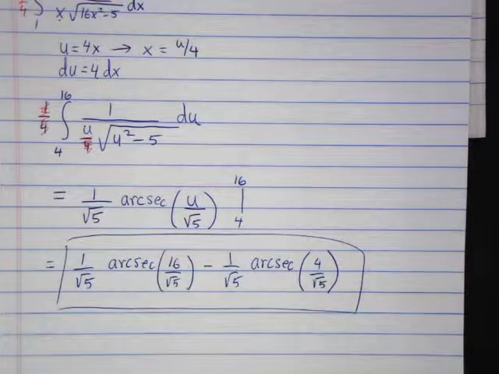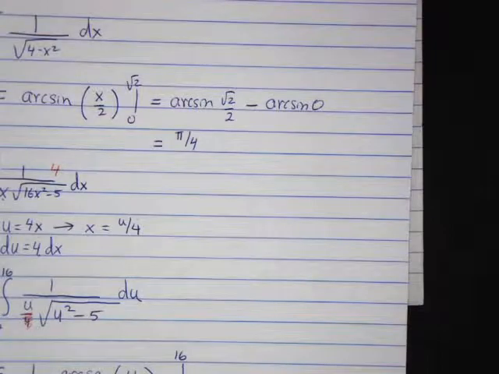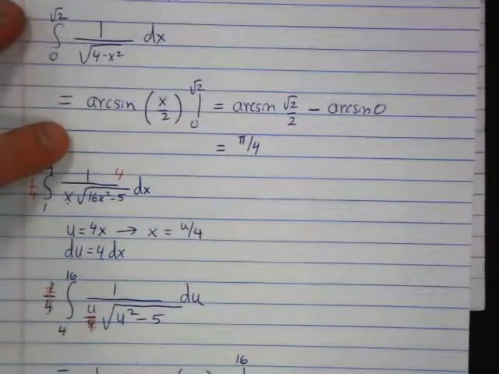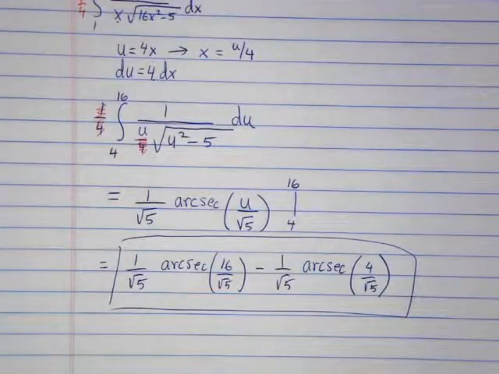On the last one, can we leave it just the way it was? Oh no, if you can give me a nice answer like pi over 4, I'd like to see a nice answer like pi over 4. That's one you should know. So that one I would expect to see pi over 4. But this one, there it is, I leave it just like that. Other questions on that?